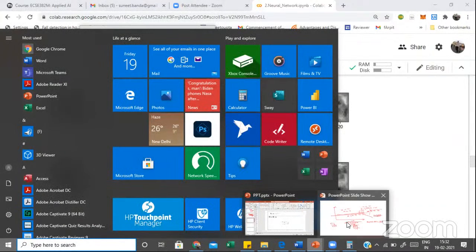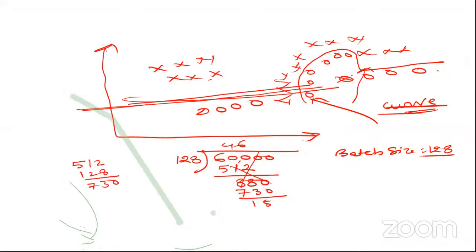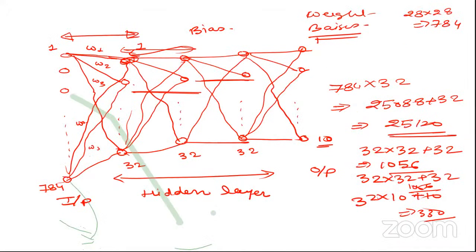So just you see in the model, at this layer, 32 nodes are there, and in each node, 784 connections are there. It means in each node, 784 incoming edges are there. So each is having some weight value.